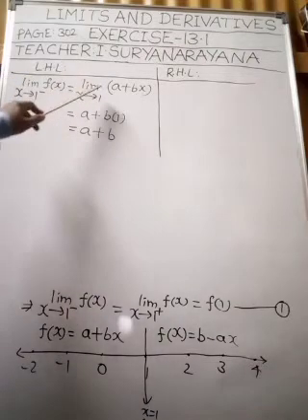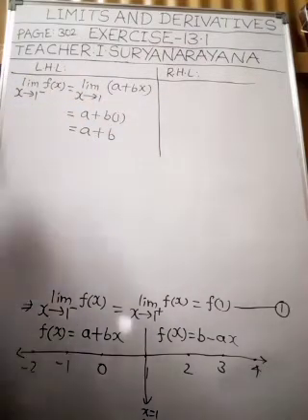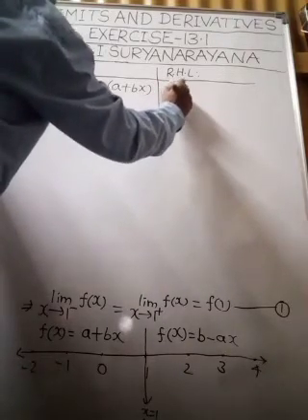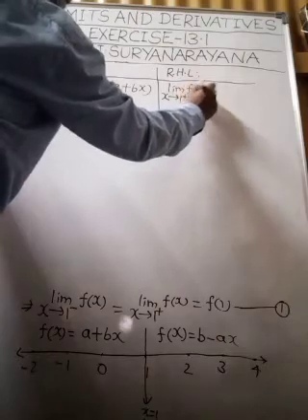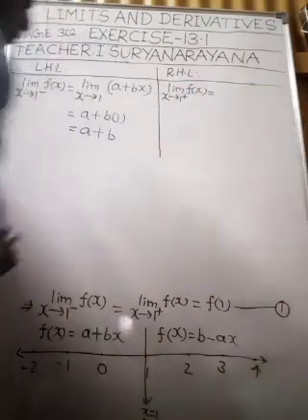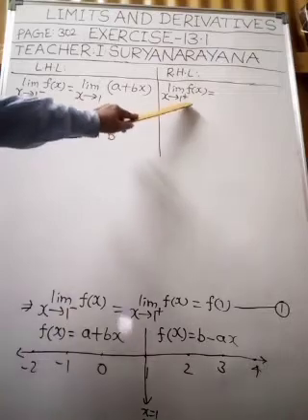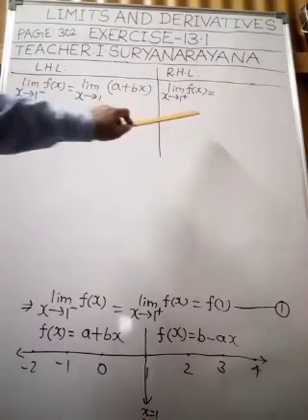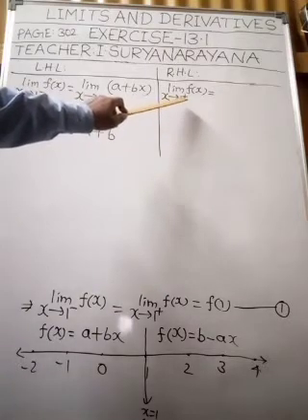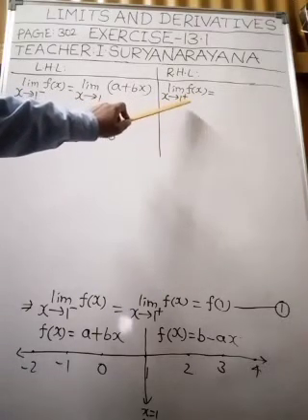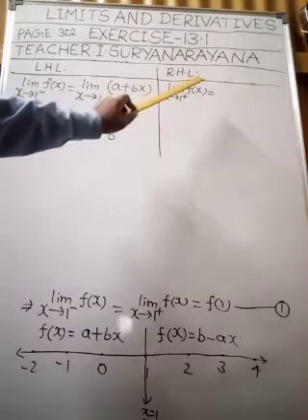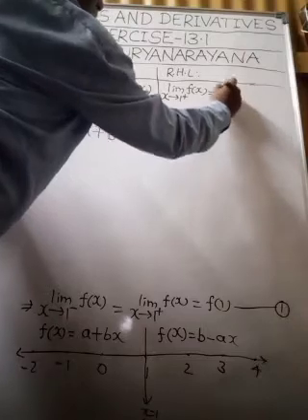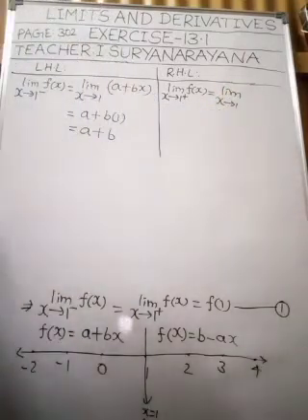Similarly, we find the right hand limit of f of x as x tends to 1 plus. Remember this symbolic form of the right hand limit of f of x as x approaches 1 from the right. Then as x tends to 1, which function should be considered?